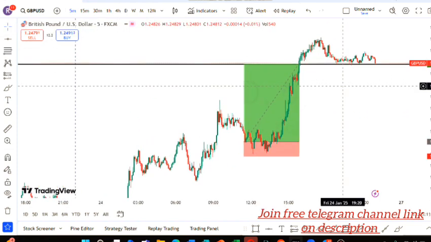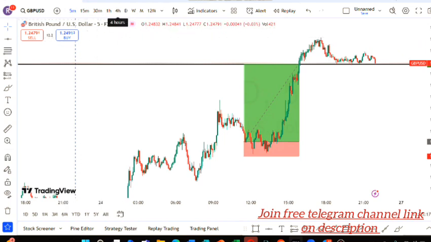So these are GBPUSD on the 5-minute time frame. Let's go for my analysis and my strategy. What I teach in the VIP and for the membership, I normally start from the monthly time frame.